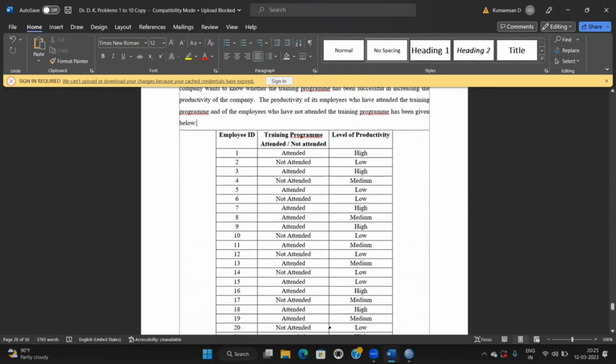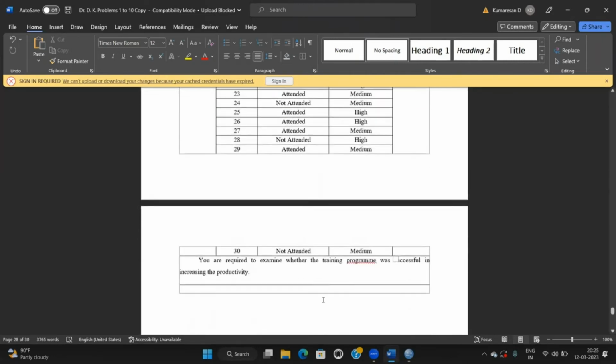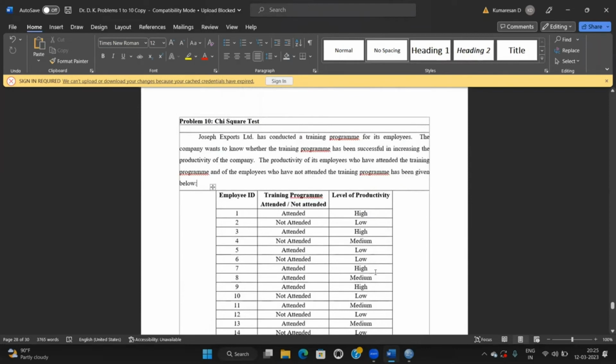There are 30 employees. Some of the employees have attended, some of the employees have not attended. So there are only 2 samples. Earlier it was managerial, technical. Here it is attended, not attended.